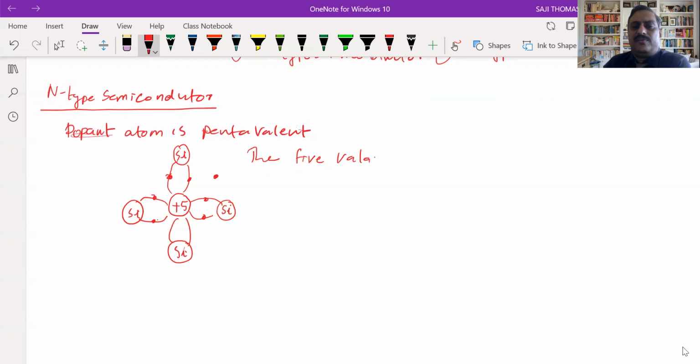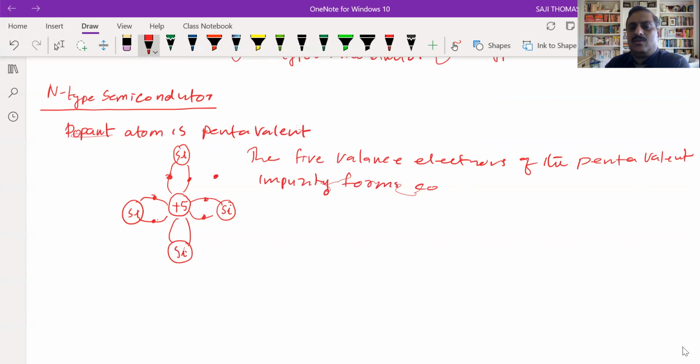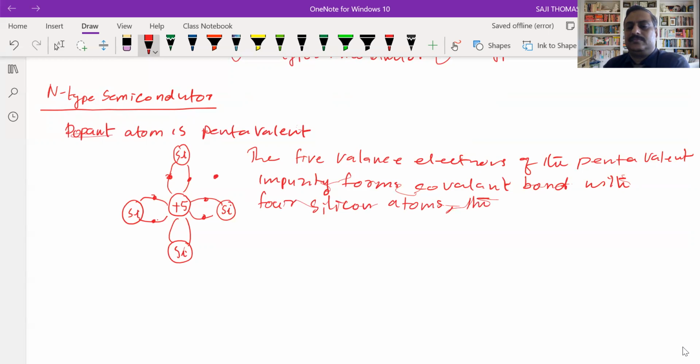The 5 valence electrons of the pentavalent impurity form covalent bonds with 4 silicon atoms, and the 5th electron becomes free.